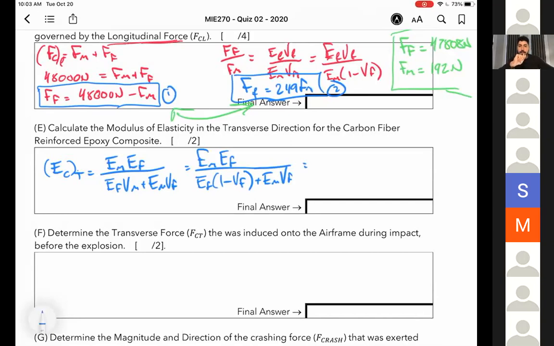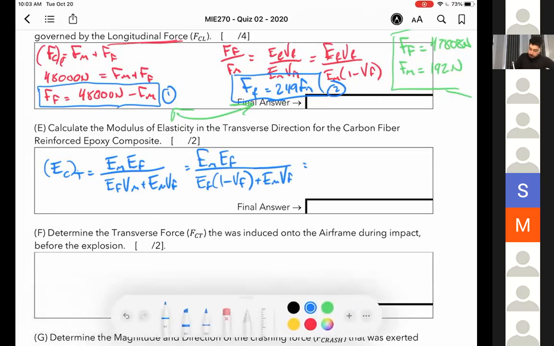We're good so far? I'm assuming everybody wants me to plug in the values, so I will do so anyways. Our modulus for the matrix, I believe, was 2.4 times 10 to the 9 pascals, and the modulus of the fibers was 398.4 times 10 to the 9 pascals.